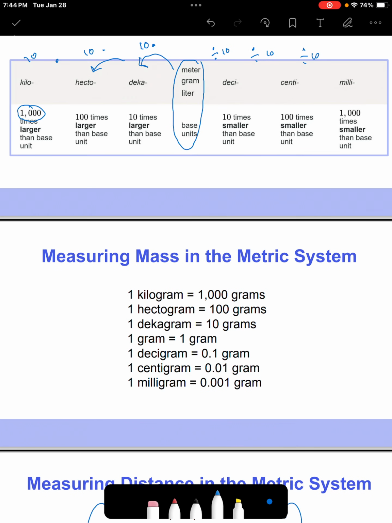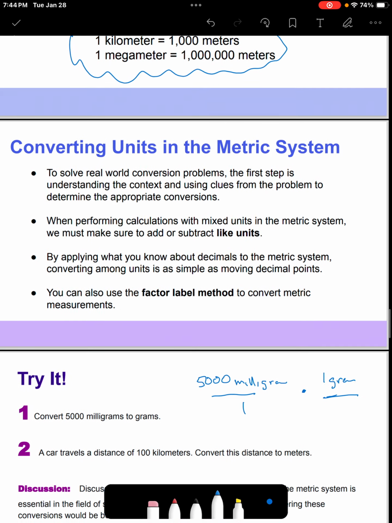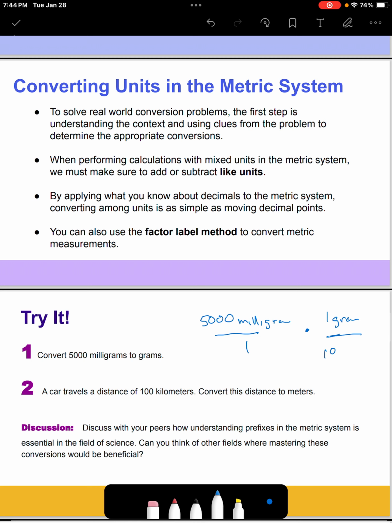There are 1,000 milligrams in 1 gram. So you divide by 1,000. These cancel off, and you get 5 grams.